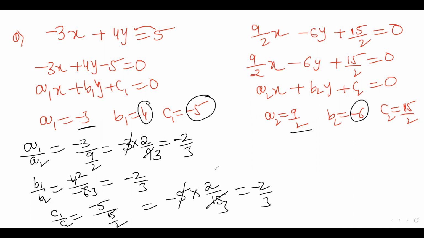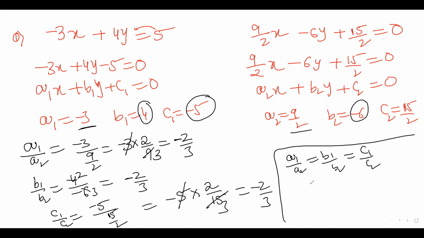So in all three cases, the ratios a1 by a2, b1 by b2, c1 by c2 are all equal. So what is the conclusion? The conclusion is a1 by a2 is equal to b1 by b2 is equal to c1 by c2, which means the lines are coincident or dependent.